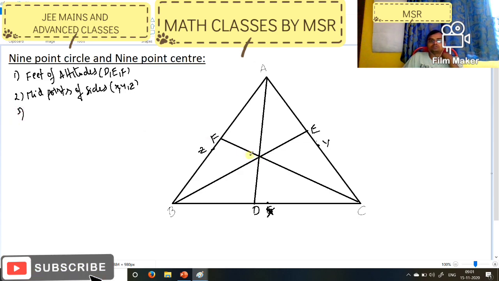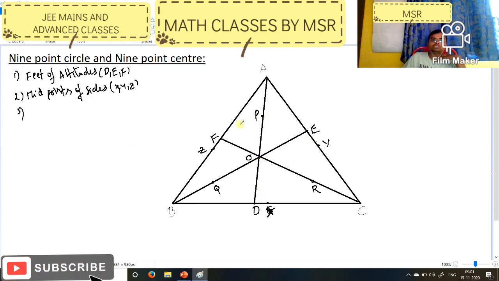Next one, this is the orthocenter, the point of concurrence of altitudes. The line segment joining the vertex to the orthocenter, the midpoint of this line segment I am taking as some P. The midpoint of BY as Q. Midpoint of CY as R. So the circle which passes through the feet of altitudes as well as midpoints of 3 sides as well as the midpoints of the line segments joining vertex to the orthocenter, like that 3 midpoints are there.